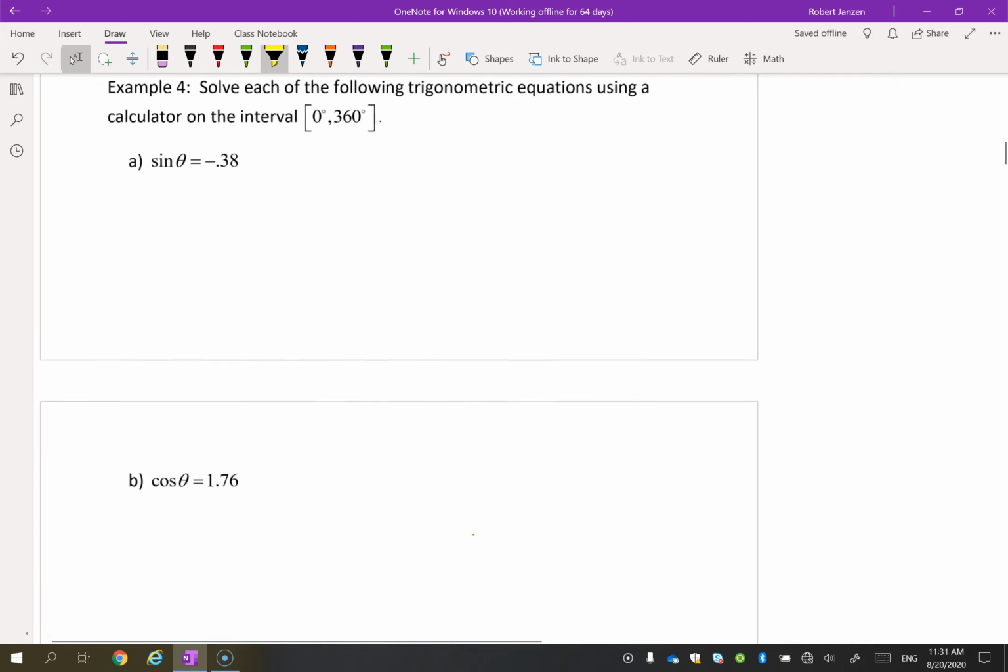Okay, we'll just do a couple more here. These are using a calculator in degrees. So now you got to change your calculator into degrees instead of radians. Okay, so remember that you're going to use the positive value.